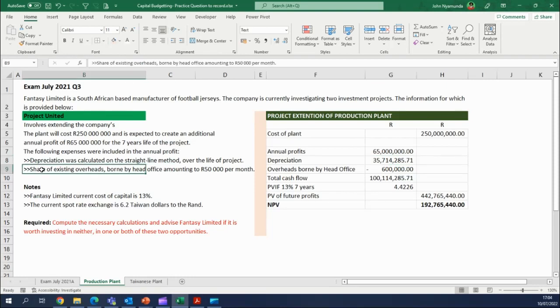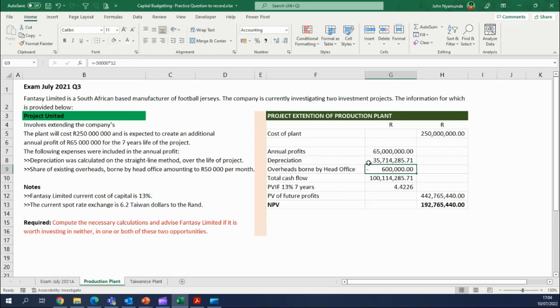Then we are told the share of overhead expenses borne by the head office is 50,000 per month. So the annual overhead will be 50,000 times 12, which is 600,000.